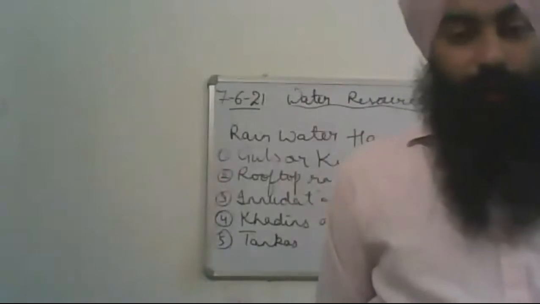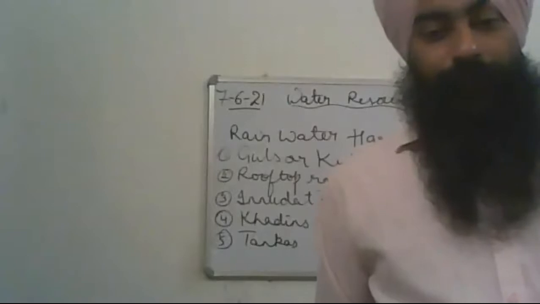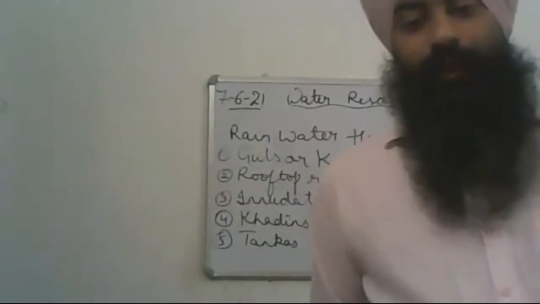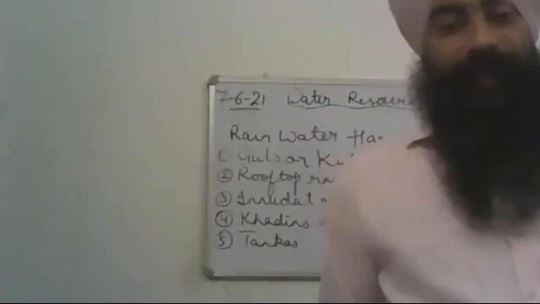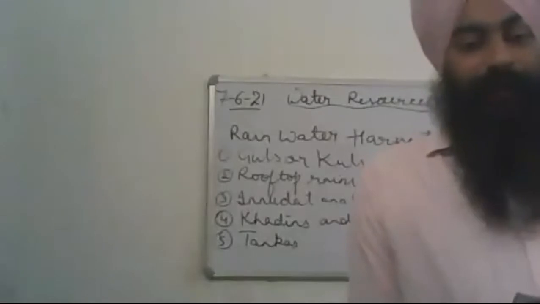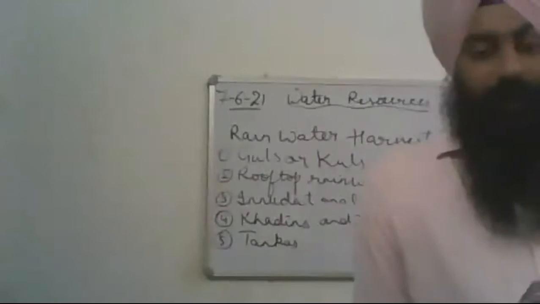So in rainwater harvesting, various colonies and schools have now taken up rooftop rainwater harvesting in parts of Delhi also. Presently, rooftop rainwater harvesting techniques are used in most schools in Delhi.